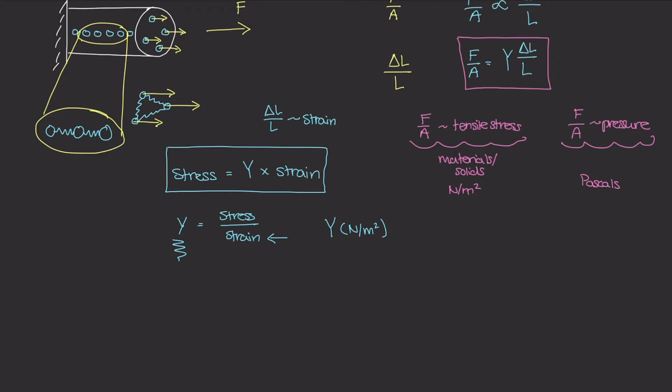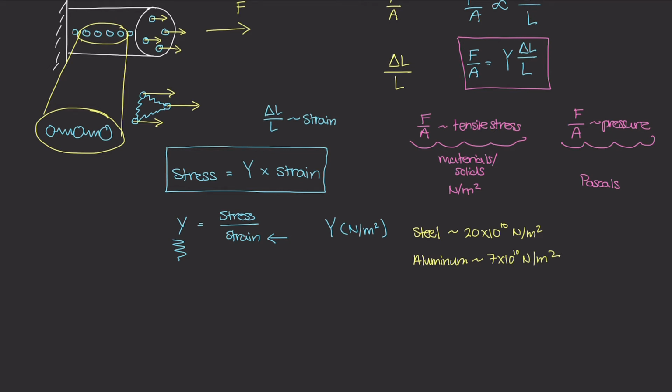To put things into perspective, here is the Young's modulus of a few common materials. Steel has a Young's modulus of about 20 times 10 to the 10th newtons per meter squared. Aluminum has a Young's modulus of 7 times 10 to the 10th newtons per meter squared.